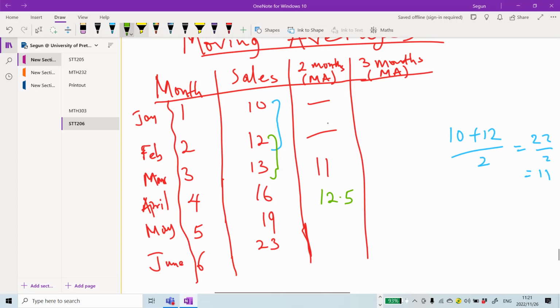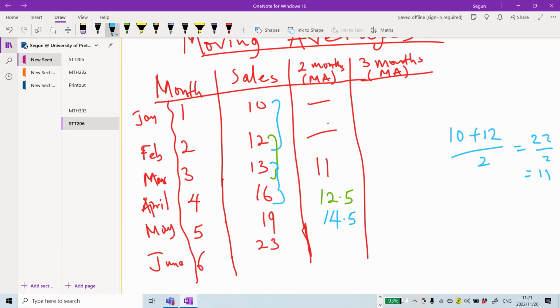So the next one you have to pick 13 plus 16. What is the answer? 14.5.